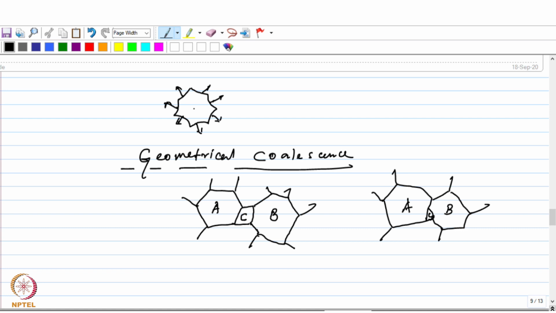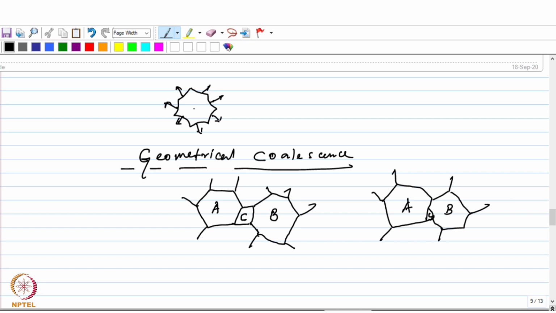And as that happens, there are two possibilities with regard to the boundary that separates these two grains. Okay, so it is quite obvious from here that A and B are more favorable for growth compared to C, because you can see the number of sites for C is much lower compared to A and B. So C is going to shrink and A and B are going to grow, right?